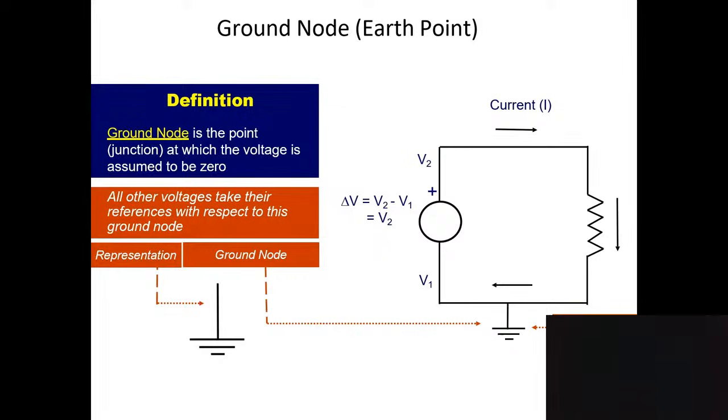So the voltage difference del V is the higher potential minus the lower potential. Now consider V1 to be ground, meaning voltage level 0. Clear? So the potential difference is just the higher potential, because the ground node is considered 0.